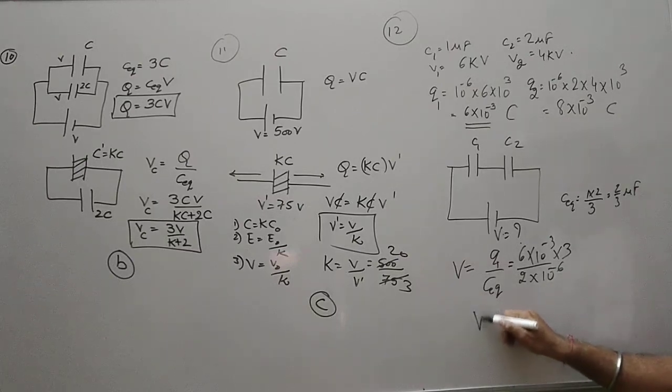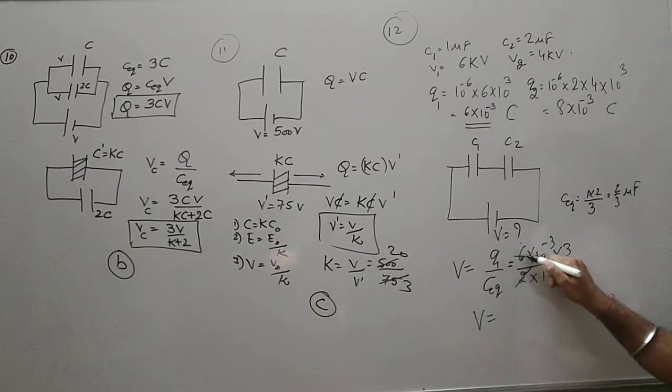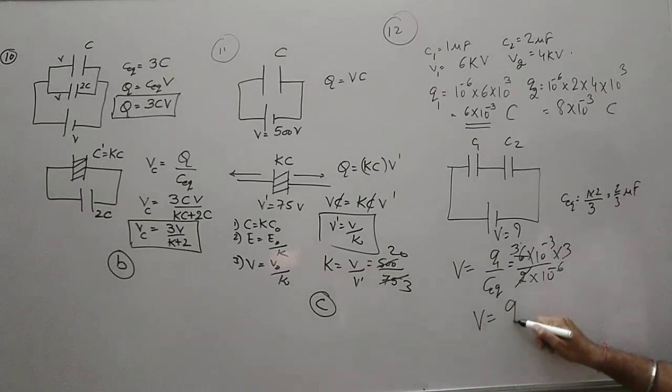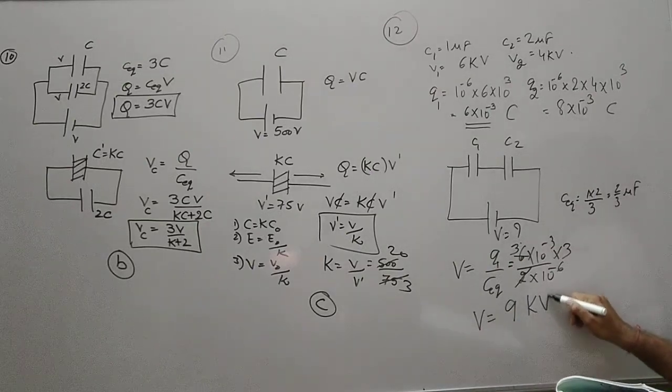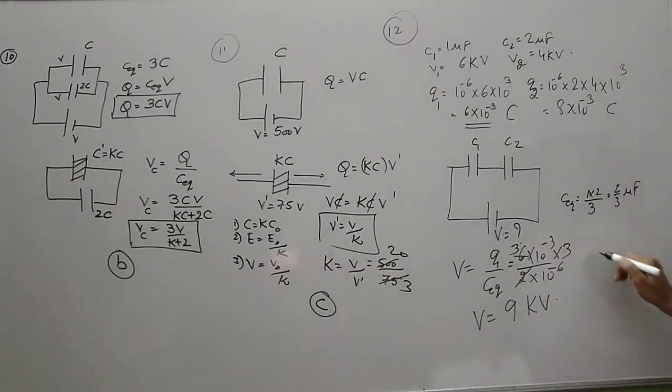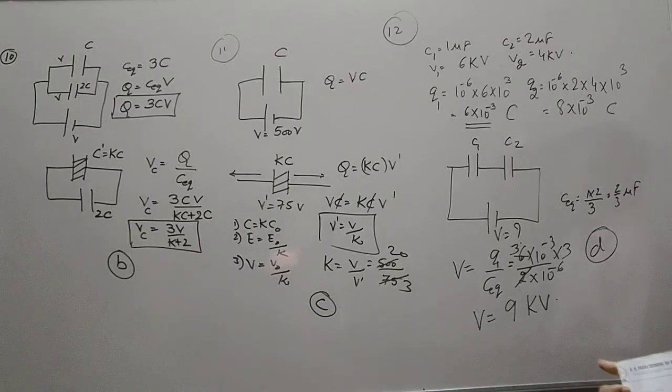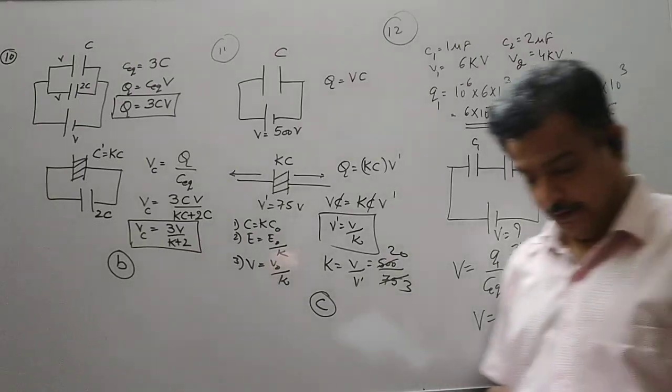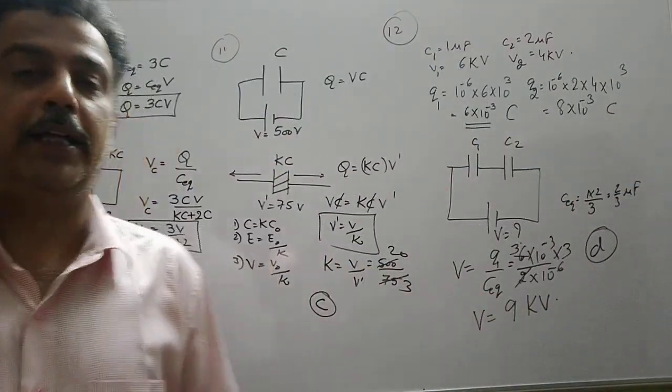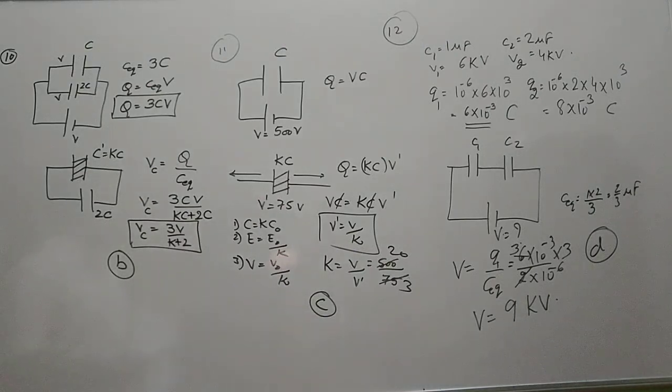So V is equal to 9 kilovolt. So I can connect a battery of 9 kilovolt so that the capacitors are not damaged. So while doing some numericals, remember it is the charge which leaks from the capacitor.